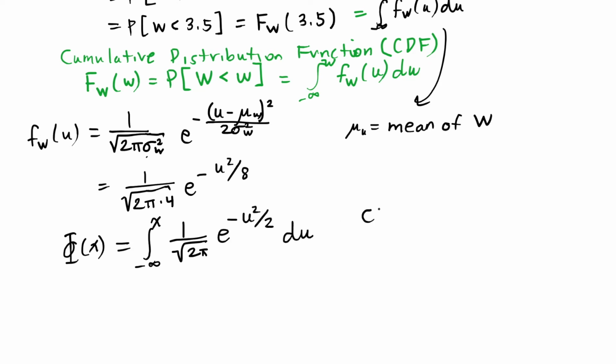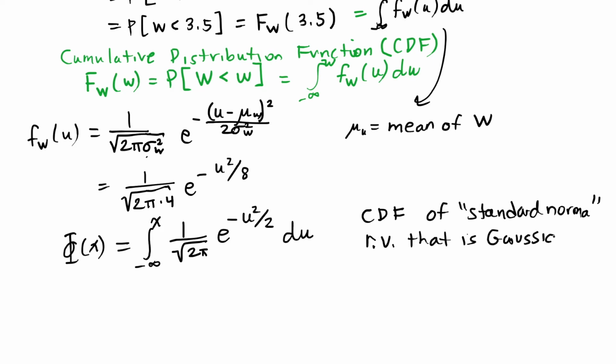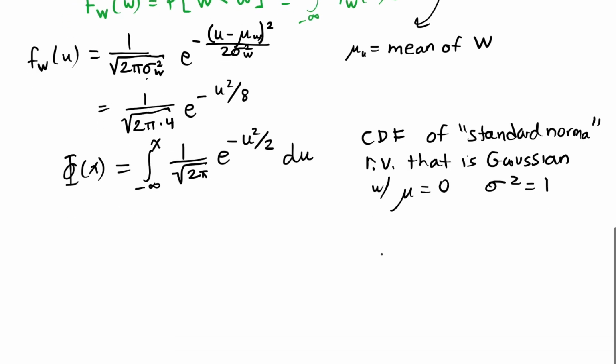And this is the CDF, cumulative distribution function, of what's called a standard normal. That is a random variable that is Gaussian with mean equals 0 and variance equals 1. That's standard normal, mean 0, variance 1. I'll show you that we can calculate this in MATLAB pretty easily.